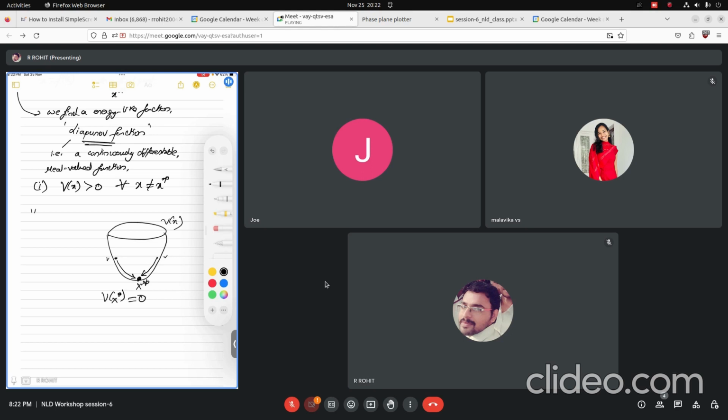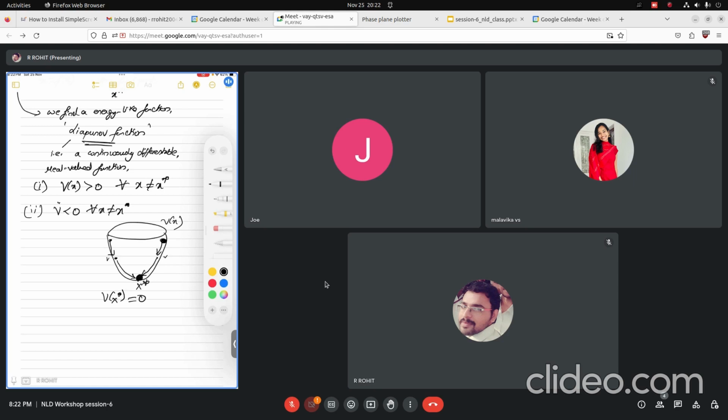And the second condition is that the time derivative of that, v dot, should be less than 0 for all x not equal to x star. This condition ensures that anywhere you start, it eventually tries to come down. That negative sign, v dot less than 0, indicates that any point on the Lyapunov function, if you start, will eventually come down to a stable point.